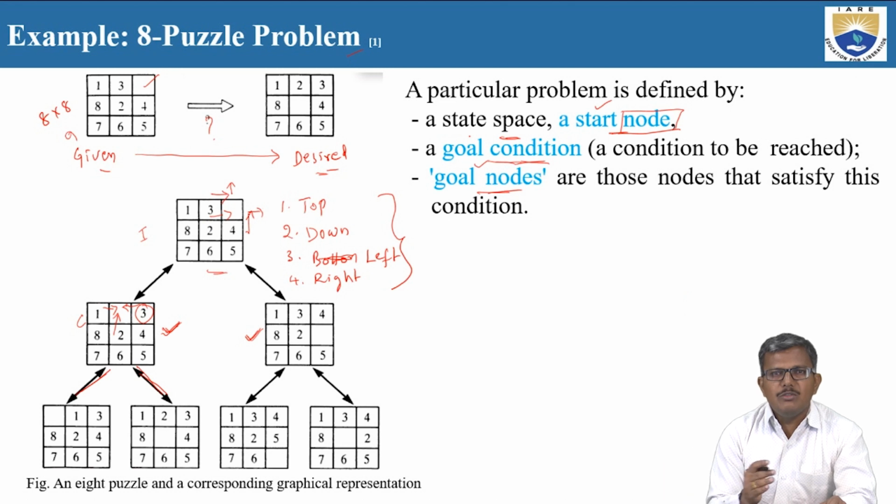If you are considering only one particular move, and if you are moving in that way only, then we can say that it is some kind of depth first search representation. So like this, we need to understand how the breadth first search technique is used in order to identify the alternative solutions for a given problem.